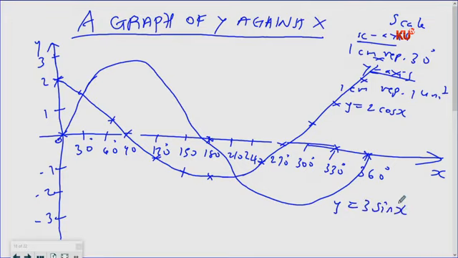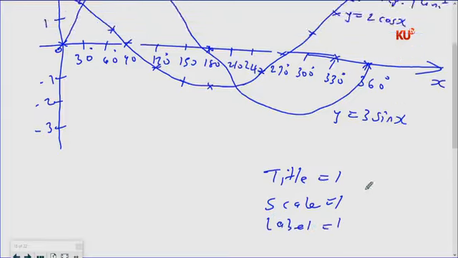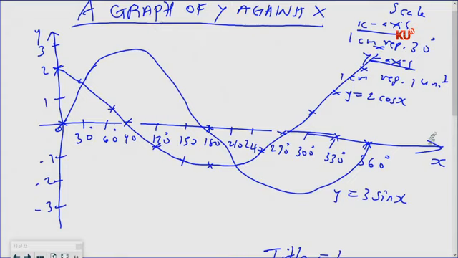So here, learner, you will get 1 mark for the title, 1 mark for the scale. You also have 1 mark for labeling. For you to label, you just say y-axis, x-axis, it must have an arrow there.